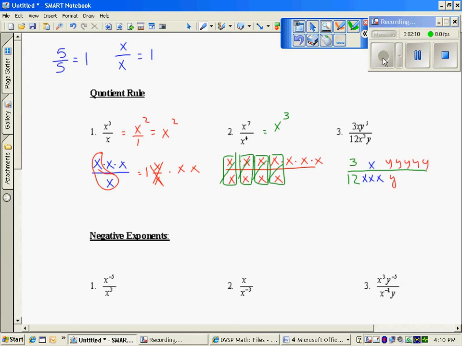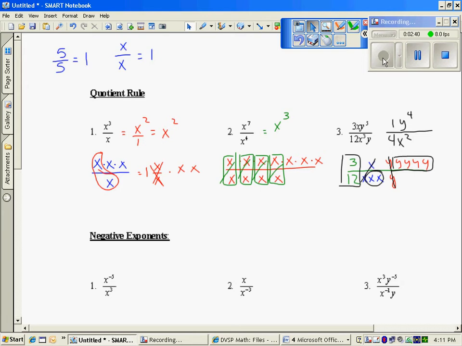Noting the cancellation because they're equal to 1, and taking note of this fraction 3/12, 3/12 is equivalent to the fraction 1/4. I have 2 x's in the denominator, x squared, and 4 x's being multiplied in the numerator, or y to the 4th. So we're going to only look at the exponents. We're going to leave 3/12 as we've normally done, just a fraction.